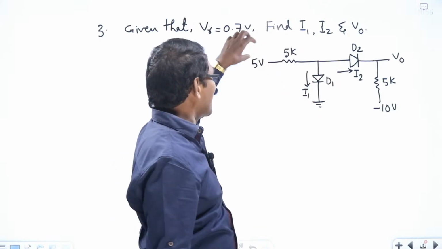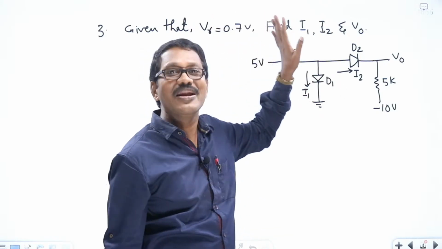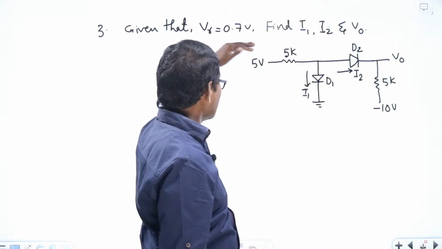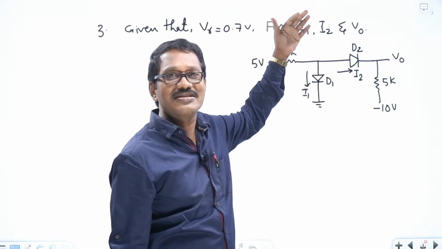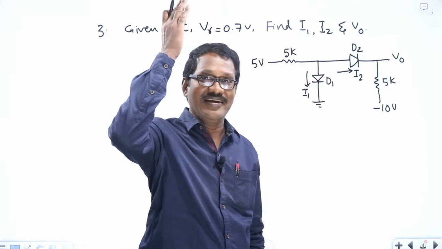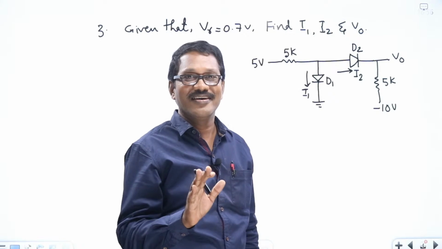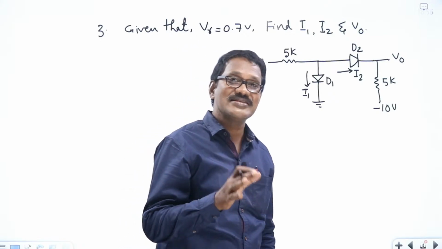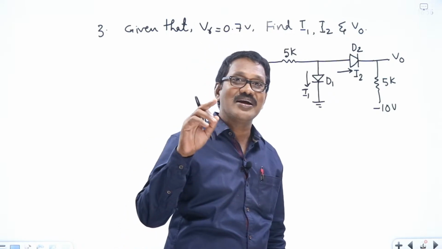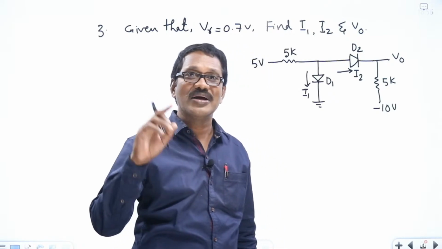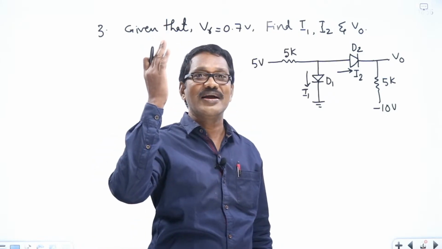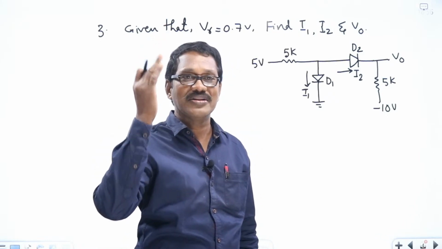Once the potential barrier is eliminated, that means the voltage applied across the diode exceeds the V gamma value 0.7 volts, then the current through the diode increases abruptly, not exponentially. Only when the diode resistance is taken into account does the exponential increment of the diode current come into the picture. Otherwise, only an abrupt increment of current comes into the picture.